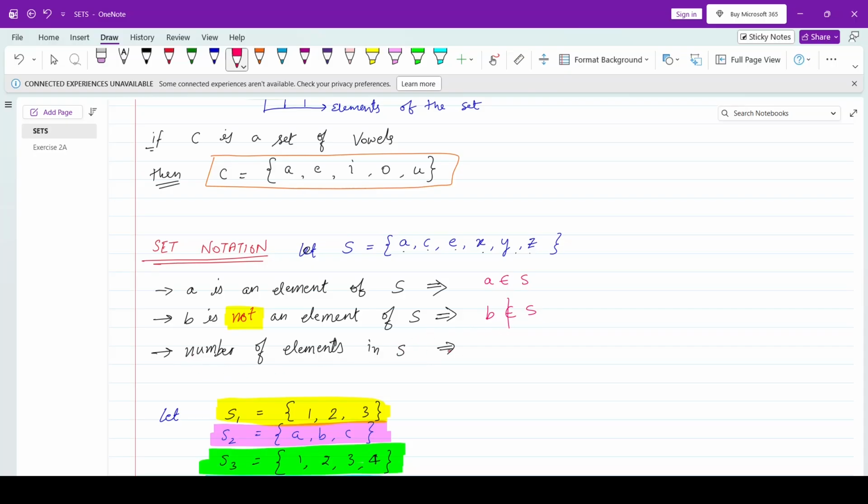And the number of elements in S, we write as n(S).